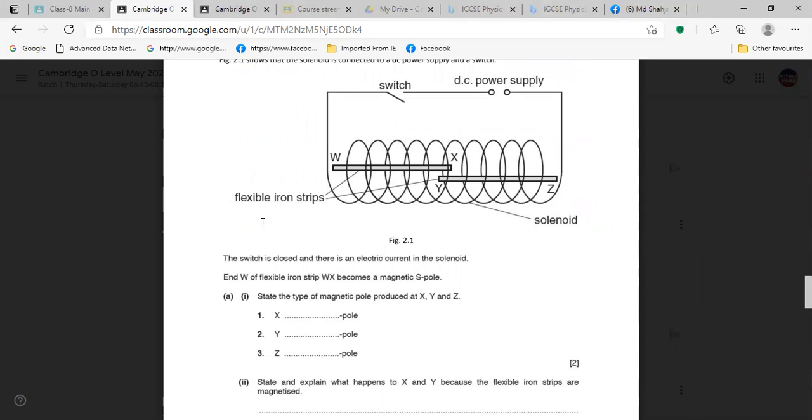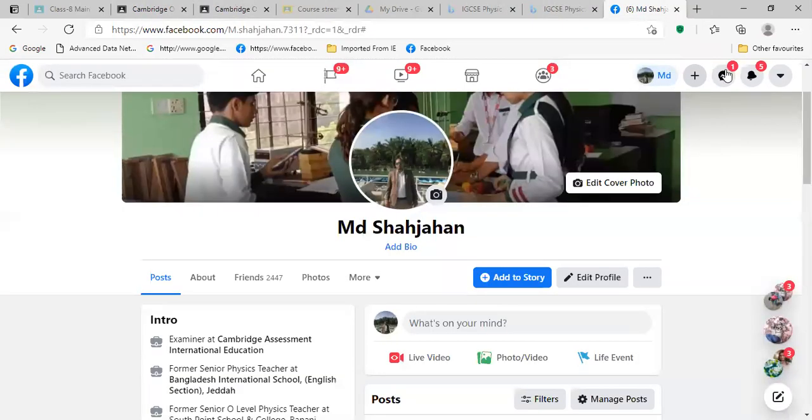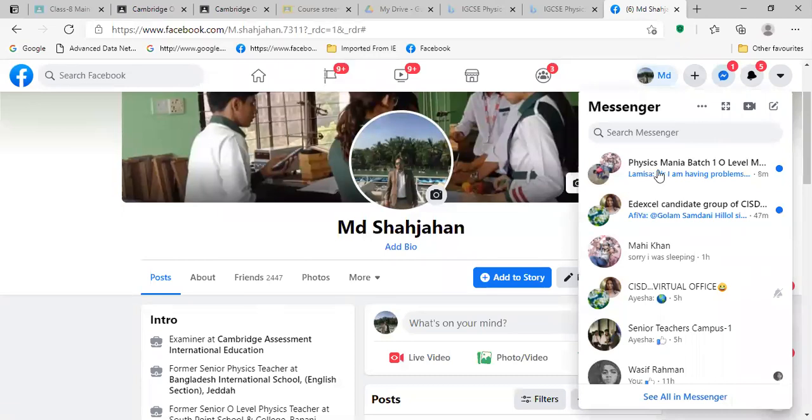What will happen to X and Y? For X, you got which pole? Farabi, are you listening?